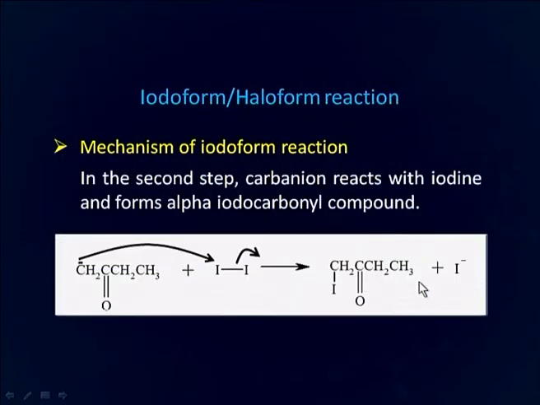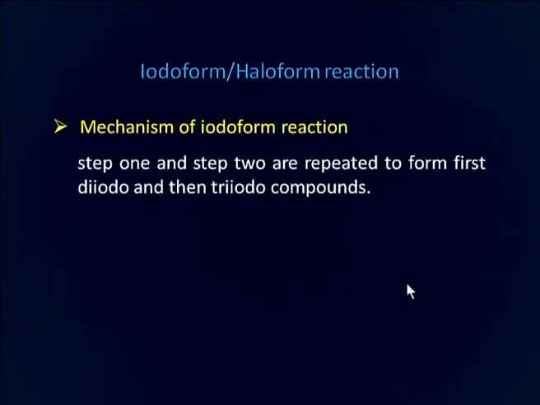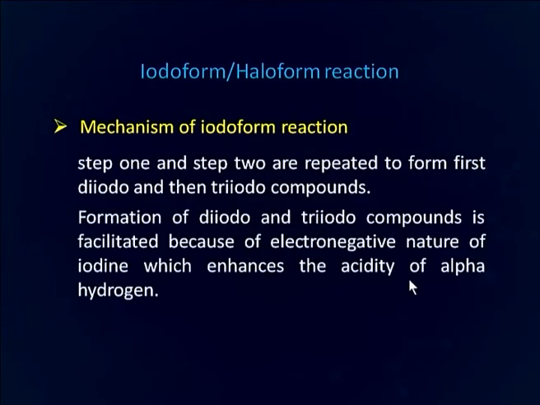In the second step, the carbanion reacts with iodine and forms an alpha iodo compound, as seen in this figure. Step 1 and step 2 are repeated to form first the diiodo and then the triiodo compound. Formation of the diiodo and triiodo compounds is facilitated because of the electronegative nature of iodine, which enhances the acidity of the alpha hydrogen.